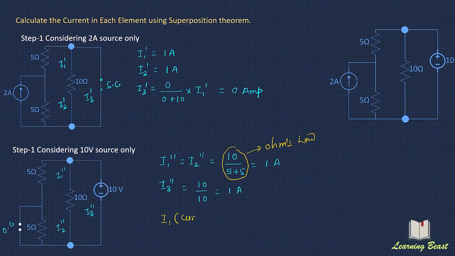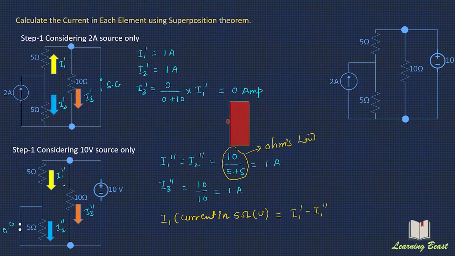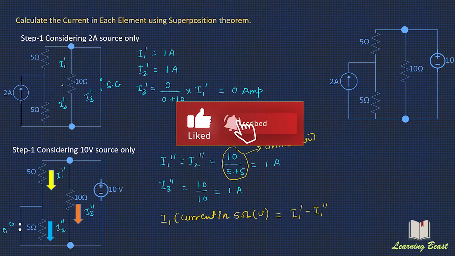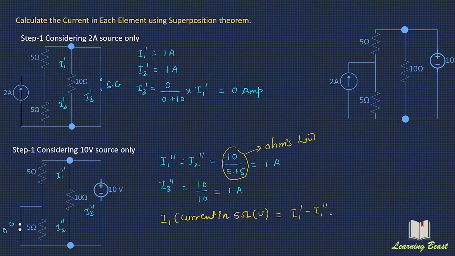It is equal to I1 dash minus I1 double dash, because both the currents have opposite direction. So this current will be equal to the value of I1 dash, which is 1, minus the value of I1 double dash, which is also 1. So the current in the top 5 ohm resistor will be equal to 0 ampere.